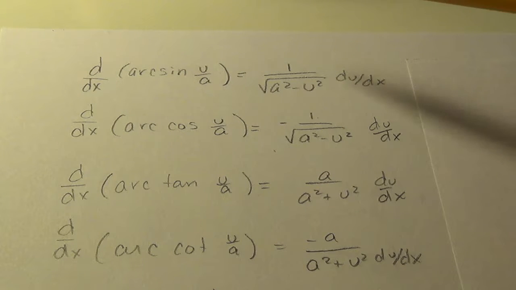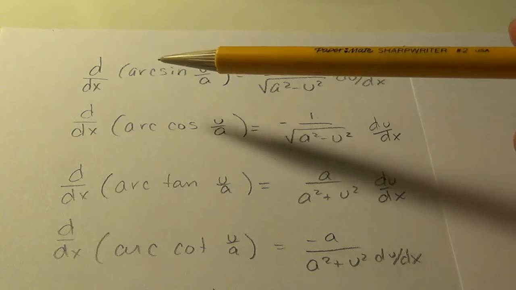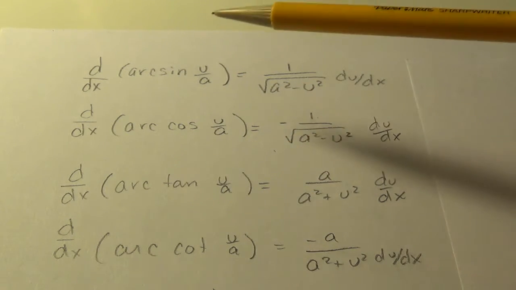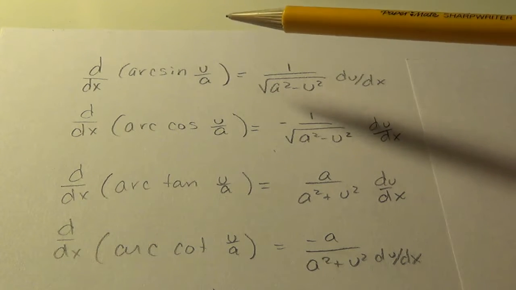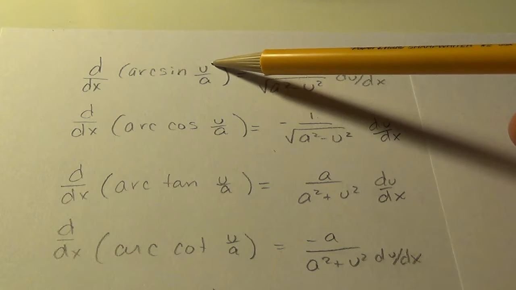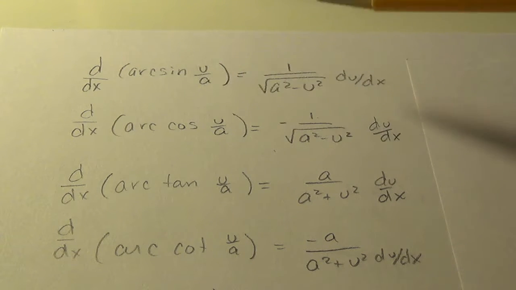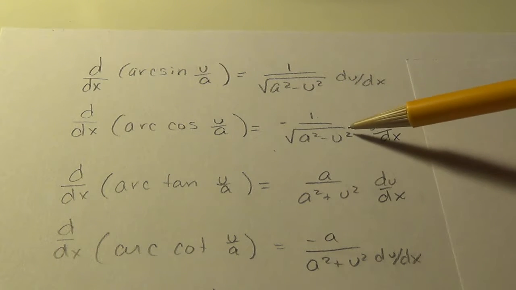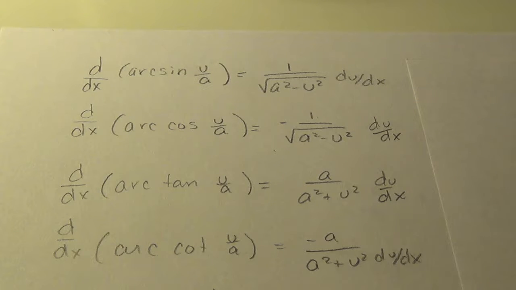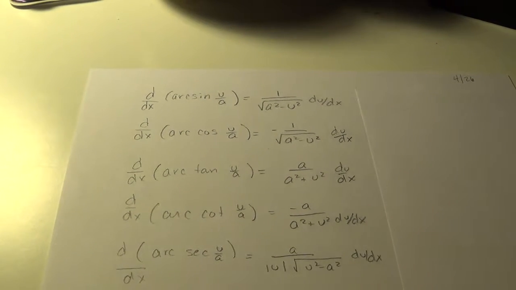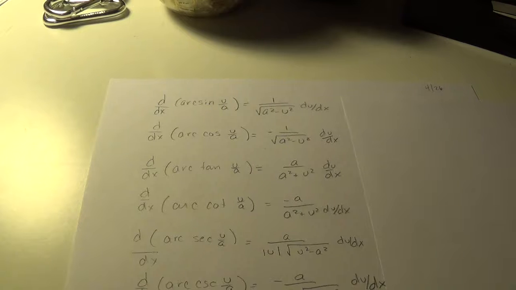The ones I want to talk about harken back to the derivatives of the inverse trig functions. So I wrote those out. We already have done these. The derivative of the arc sine of u, which is an expression in x over a, is this. And arc cosine, arc tangent, arc cotangent, and then there's two more, arc secant and arc cosecant.